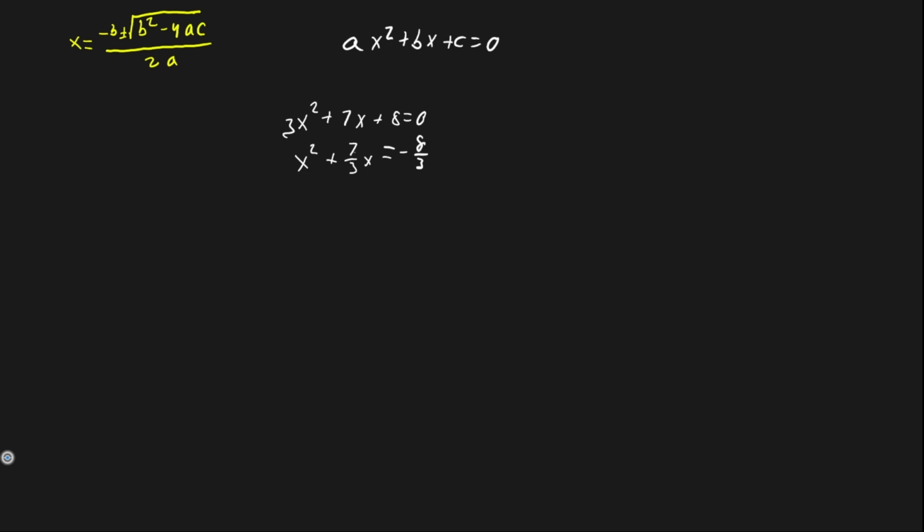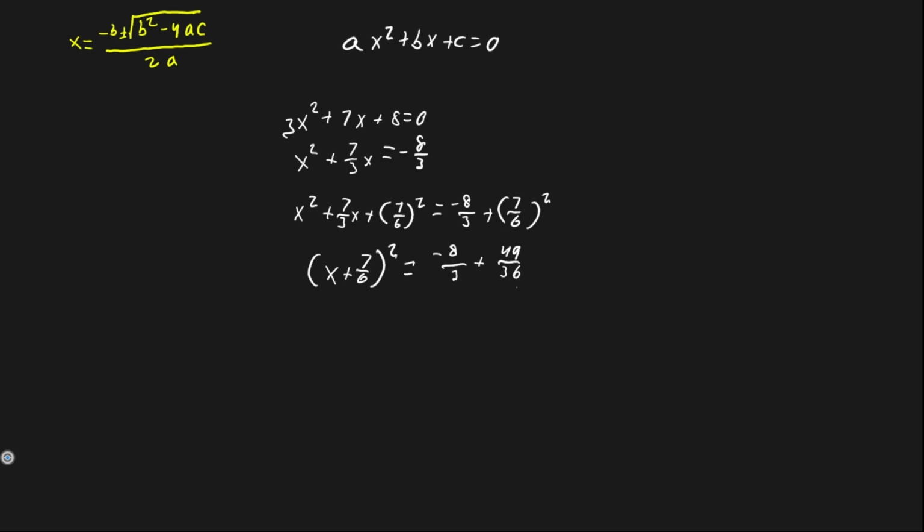And we're going to go ahead and divide the 7 over 3 by 2, giving us x squared plus 7 over 3x plus 7 over 6 squared is equal to negative 8 over 3 plus 7 over 6 squared, so that we get x plus 7 over 6 squared is equal to negative 8 over 3 plus 49 over 36.